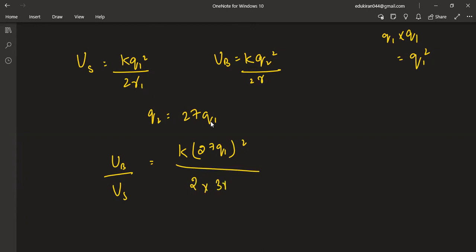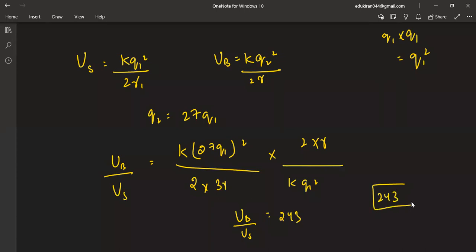This R1, I'll write it as 3R. And the denominator will be 2 into R divided by K into Q1 square. So when you solve this, the ratio bigger by smaller will be 243 times the smaller one. I think those who were getting 9 must not have squared the 27. That's why you must be getting that.